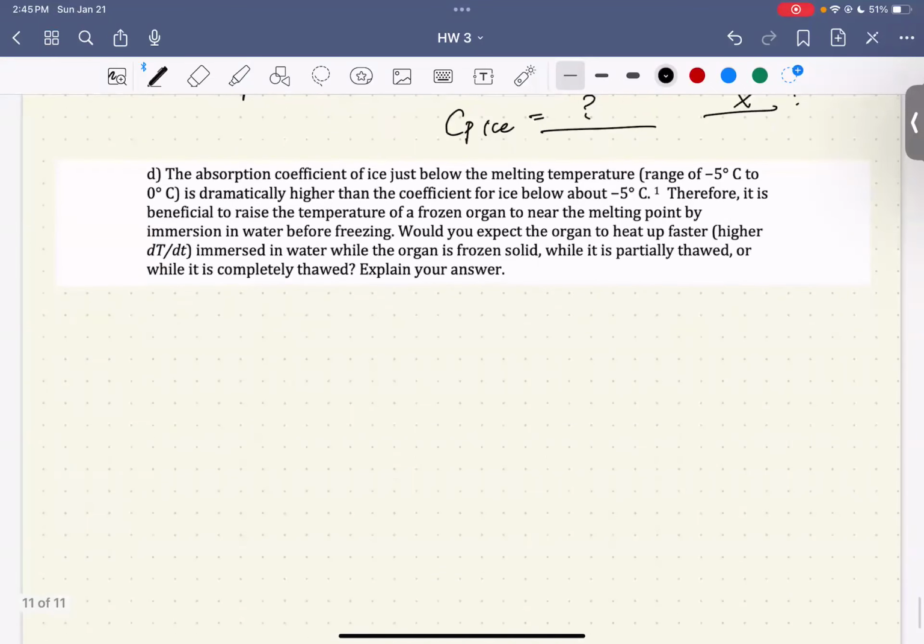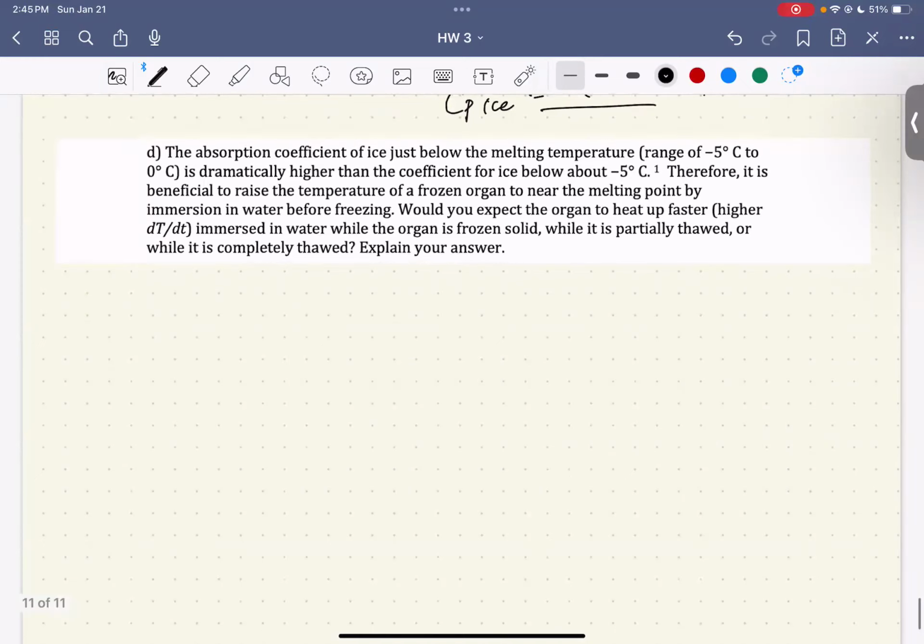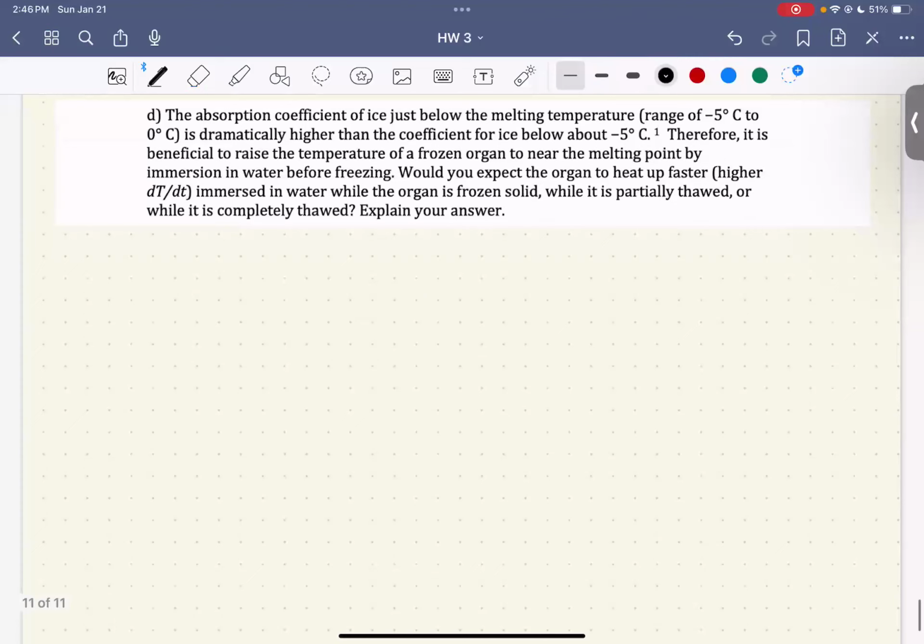The final question talks about how the absorption coefficient of ice just below the melting temperature is dramatically higher than the coefficient for ice below about -5 degrees Celsius. So that means right here we have, oh sorry, not alpha, it's the absorption coefficient. Okay. So let's actually see here.